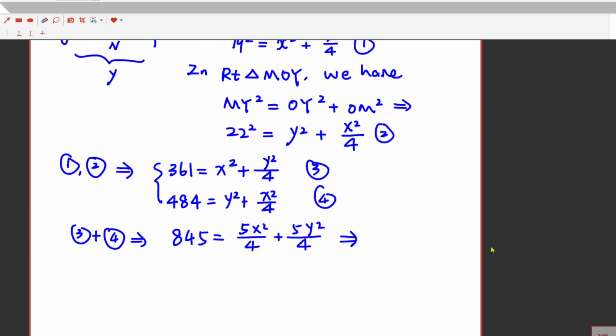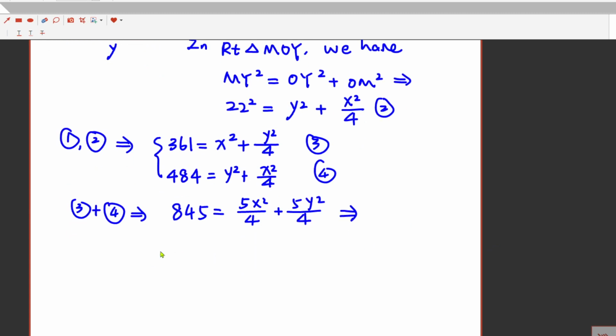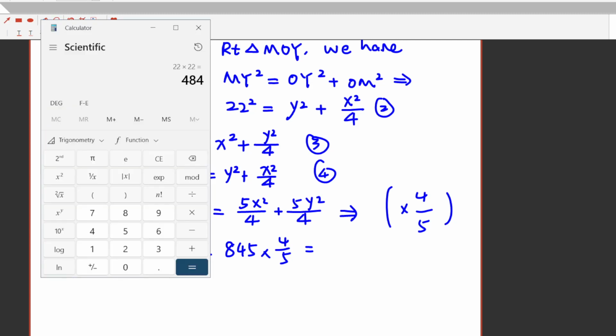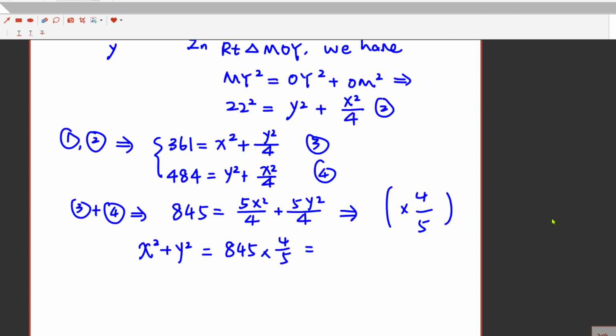And then we can multiply both sides using 4 over 5. So this gives us x squared plus y squared. Multiply both sides using 5 over 4, right? To both sides. So this gives us 845 times 4 over 5, and this gives us 676, right?